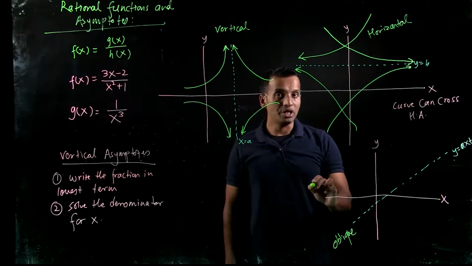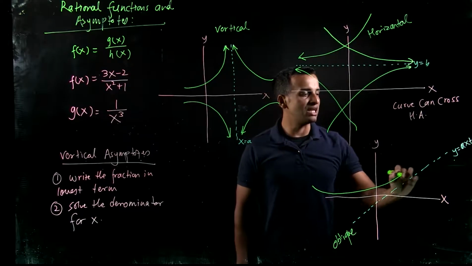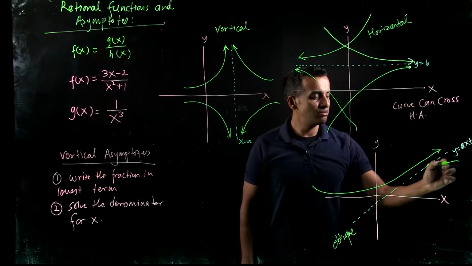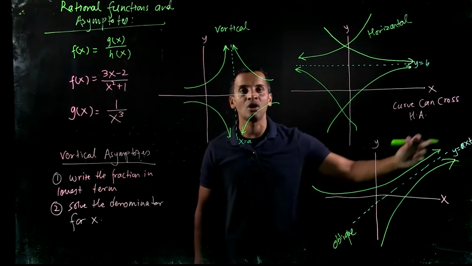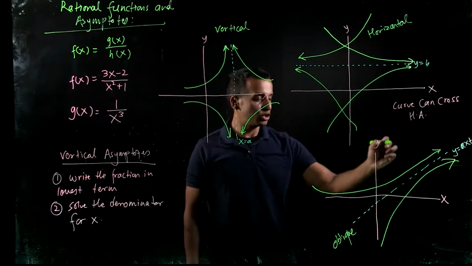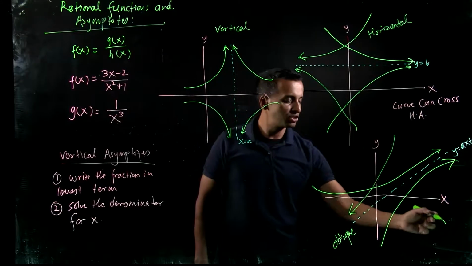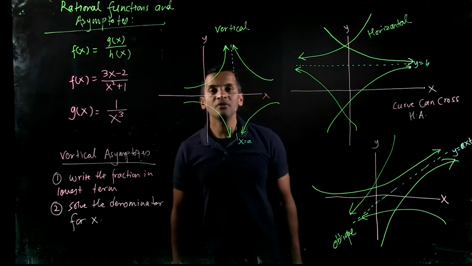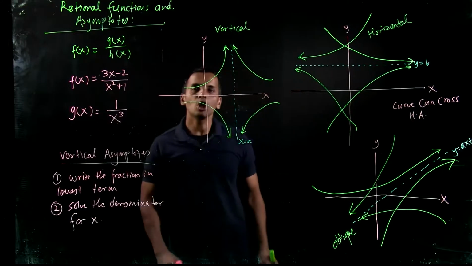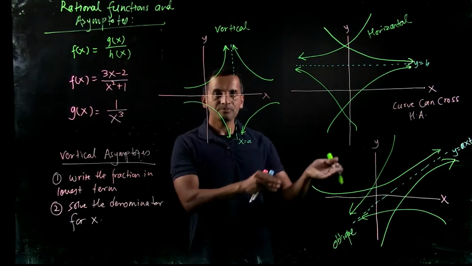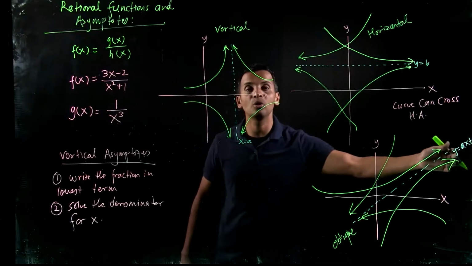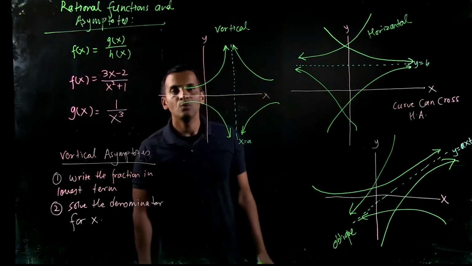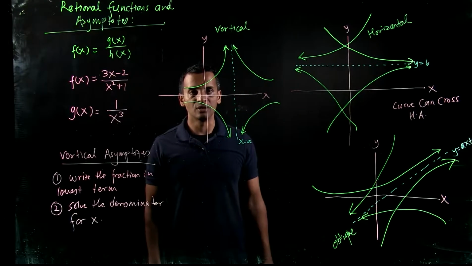Similarly, when you go to the extreme left or extreme right, if the graph of the function is getting close to an oblique line, not vertical, not horizontal, it could be like this, or it could be like this. So if the graph of a function is approaching an oblique line y equals ax plus b, that will be the oblique asymptote.